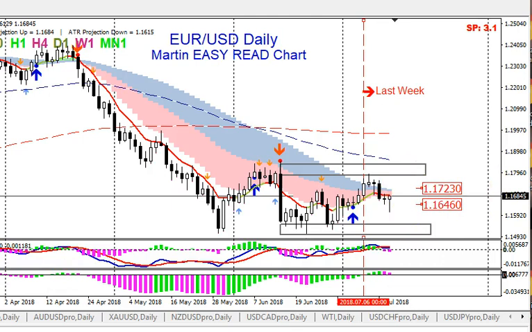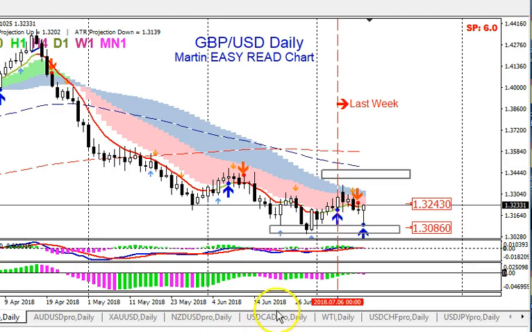Okay, now we move to the next chart, and that is the British Pound USD. Same setup pretty well as the EURUSD, except this time you see there's a blue dot and a large blue arrow. This indicates a special signal that I teach in the course. By the way, the course is called Forex Success in 5 Weeks.